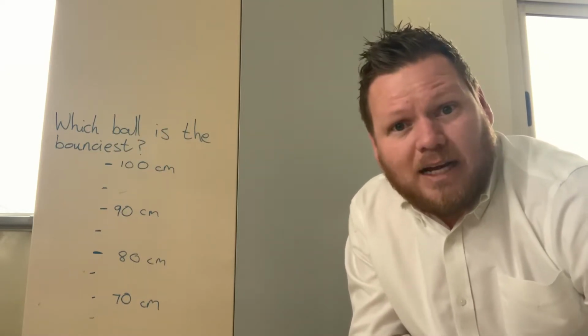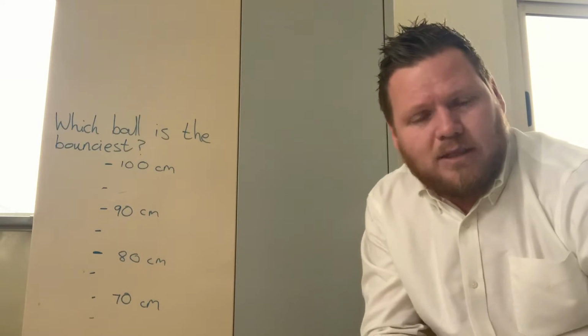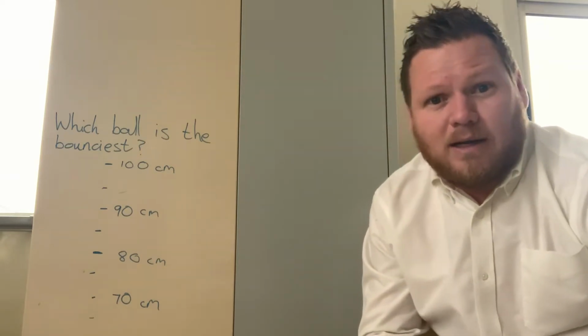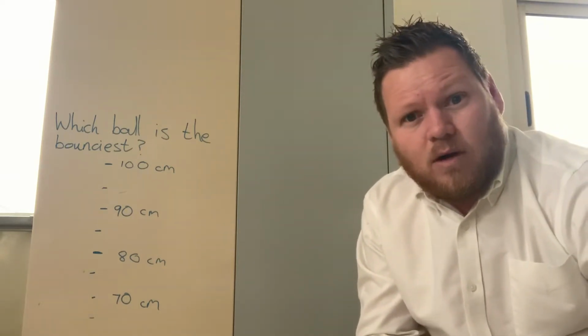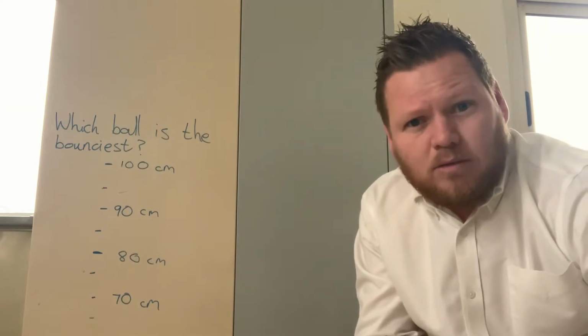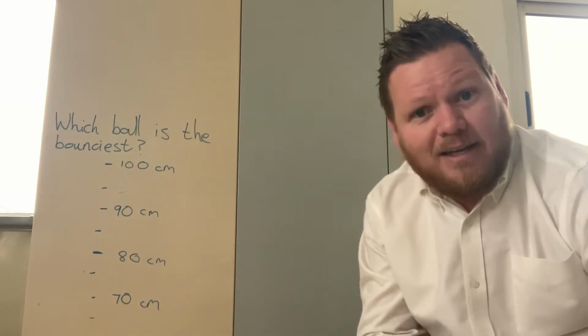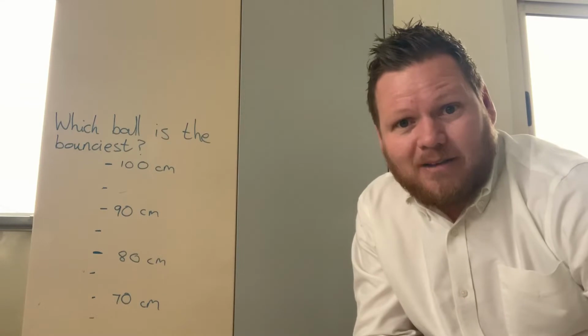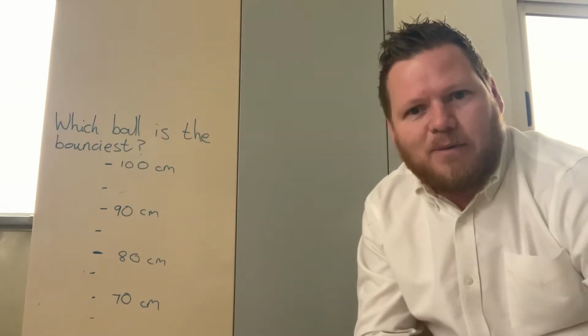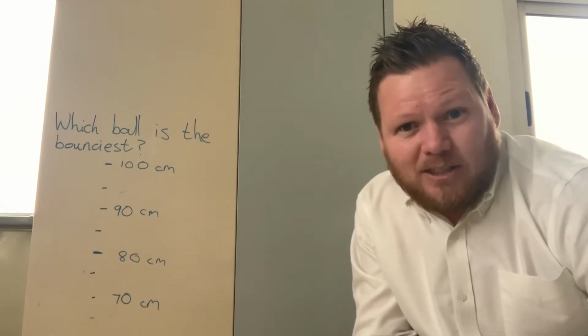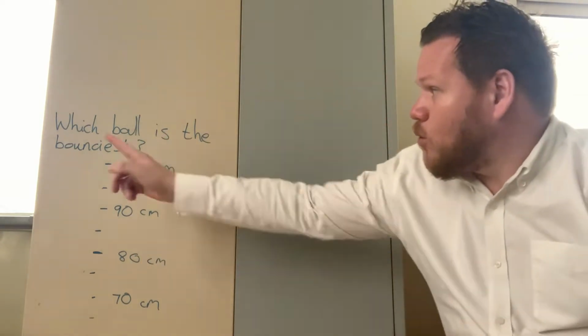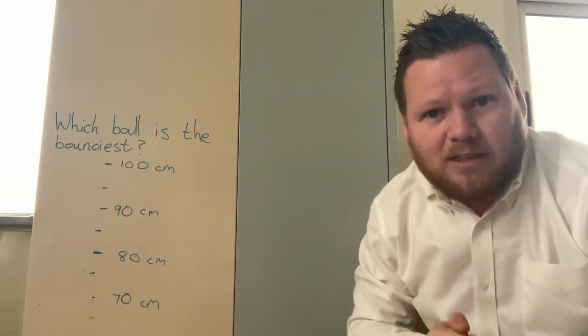And we also looked at the properties of material. Is the material strong, hard, smooth, or bouncy? And that's exactly what we're going to test this week. We're going to do a mini investigation to find out which ball is the bounciest.